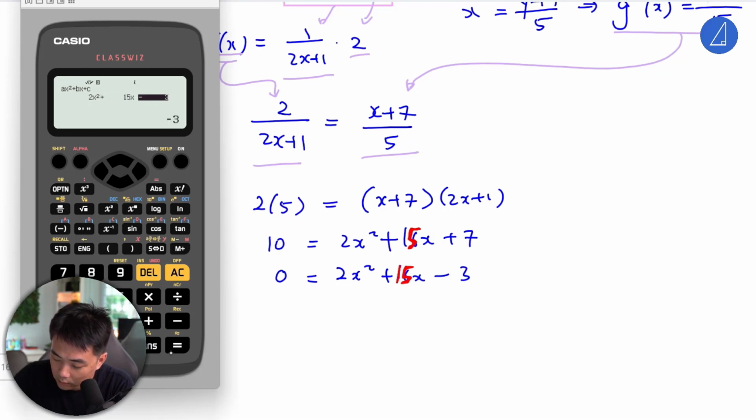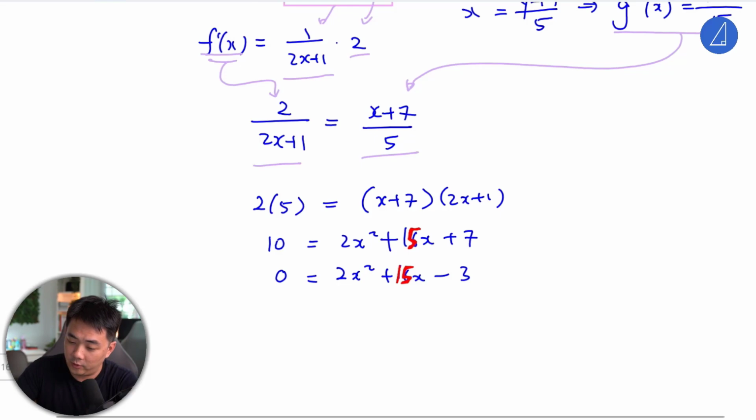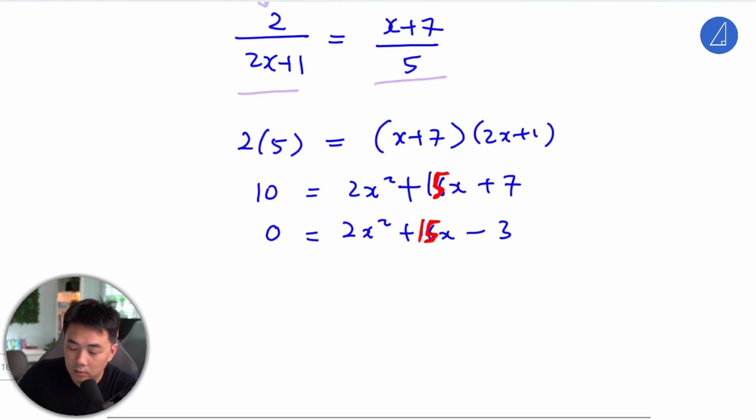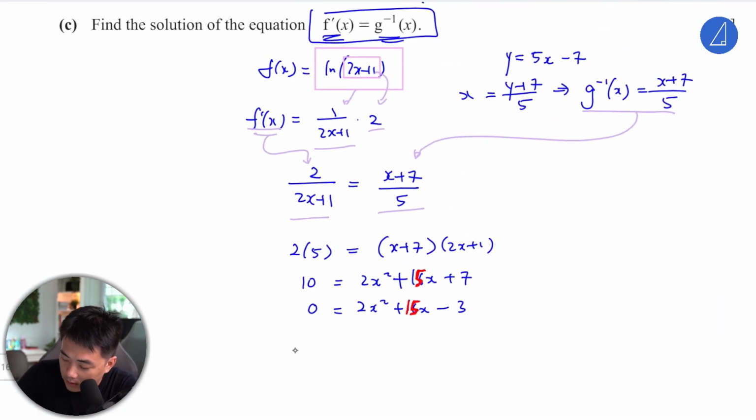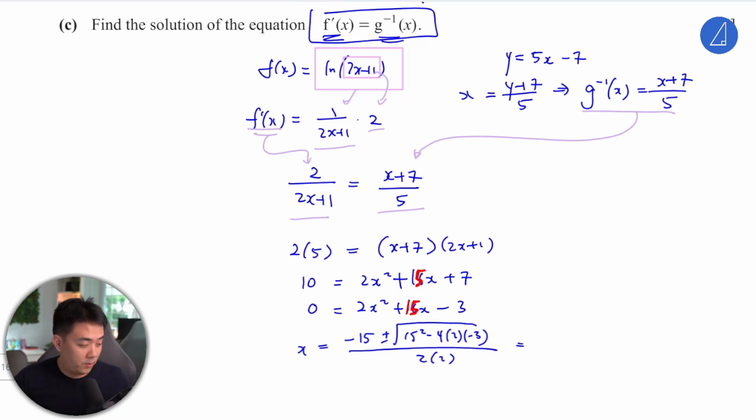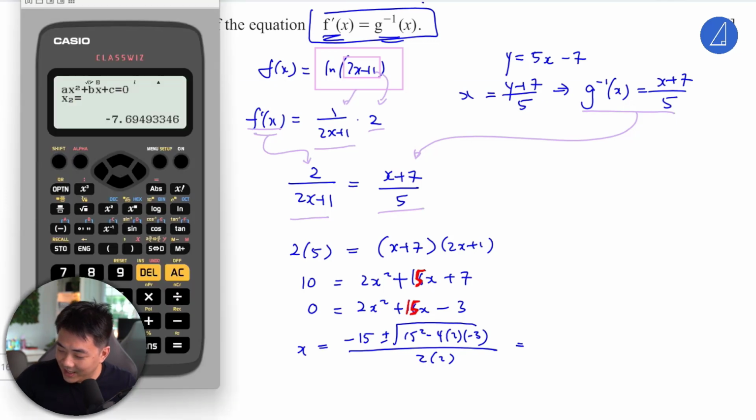Alright, so we have 2 values here from the calculator. Do they want the exact value? They didn't want the exact, right? Okay, they didn't want the exact, so I'm just going to put this as minus 15 plus minus the square root of 15 squared minus 4 times 2 times negative 3, over 2 squared. I like to just use the formula to pretend that I actually found the roots without using the calculator.